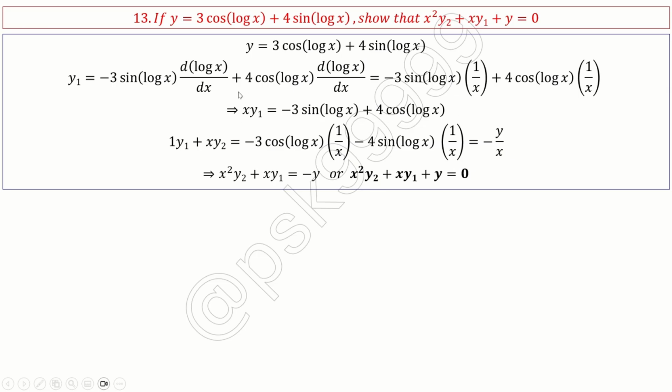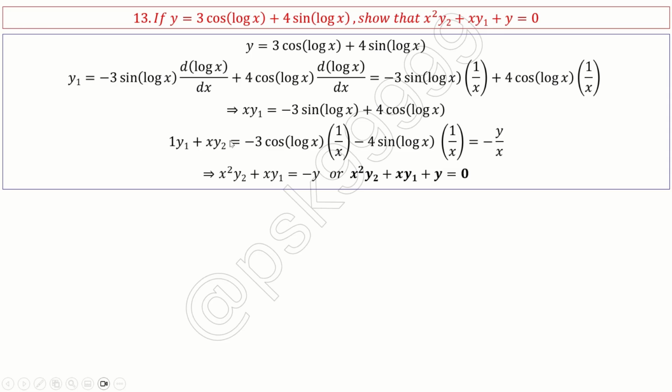Now I am differentiating this one. This is in uv form. So 1 into y1, since x differentiation is 1, plus x as is, and then y1 differentiation is y2, which is equal to minus 3 cos of log x into 1 by x, then minus 4 sin of log x into 1 by x. So this is nothing but minus y by x.